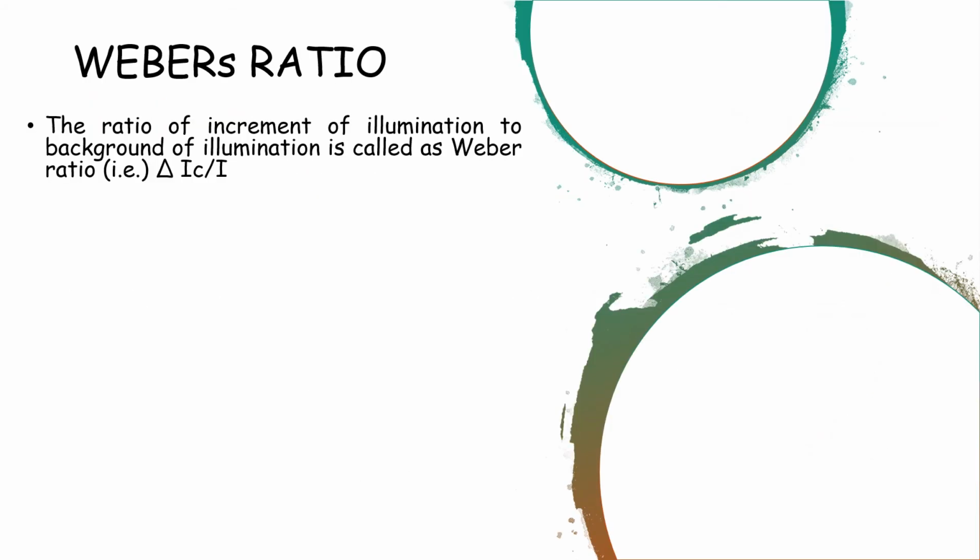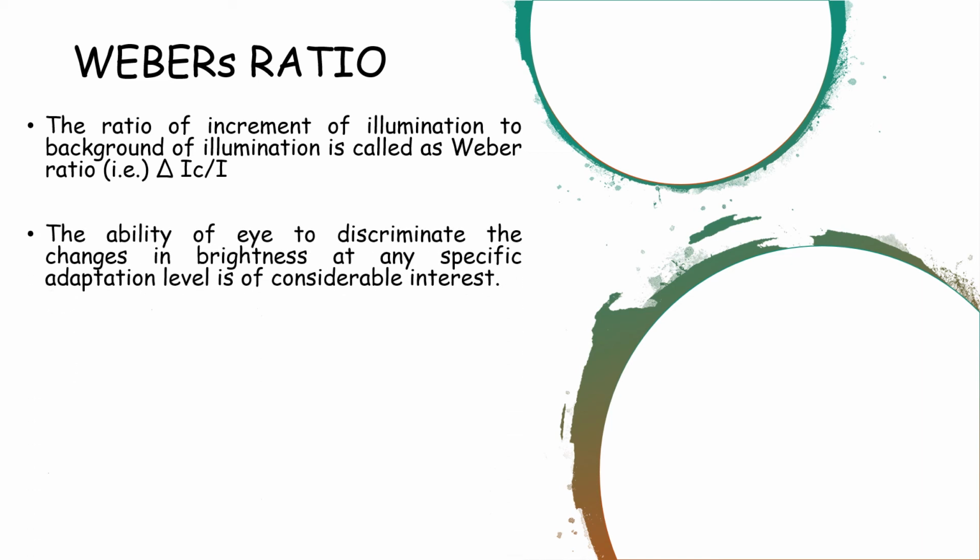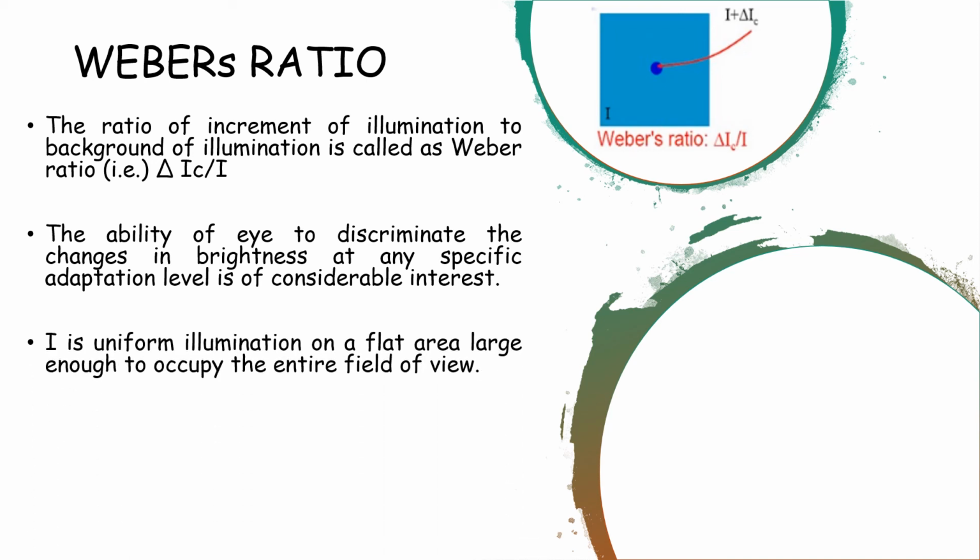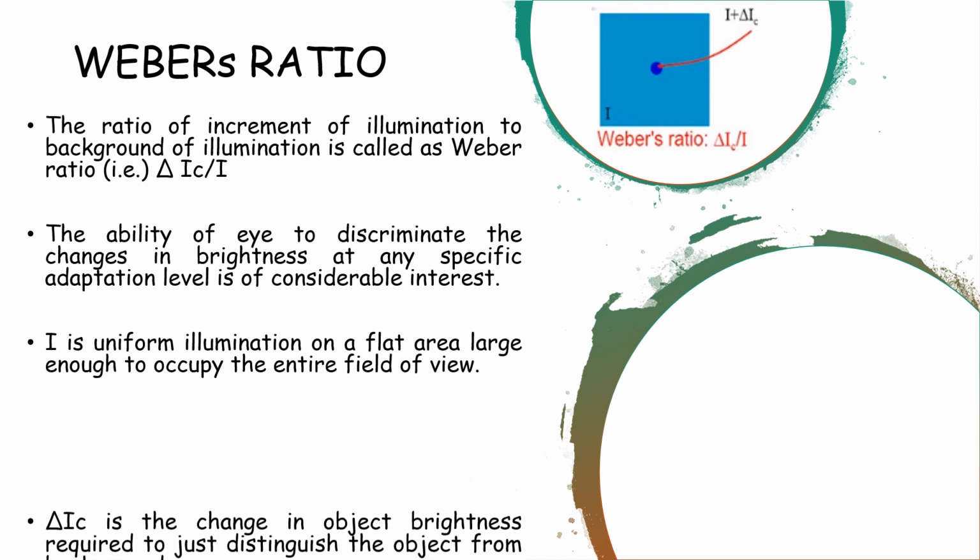Moving on to Weber's ratio. The ratio of increment of illumination to background illumination is called Weber's ratio, that is, del Ic divided by I. The ability of an eye to discriminate changes in brightness at any specific adaptation level is of considerable interest. This is how Weber's ratio is calculated, del Ic divided by I. I is a uniform illumination of a flat area large enough to occupy the entire field of view.